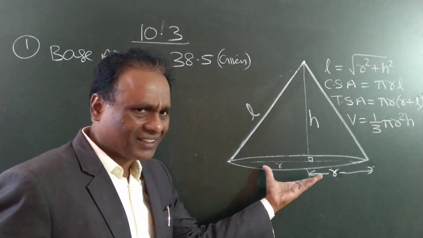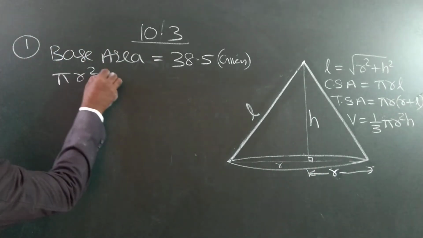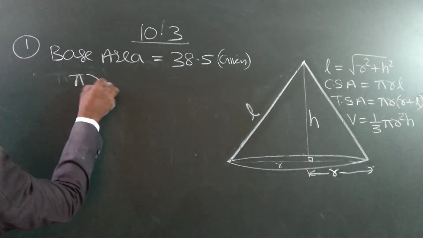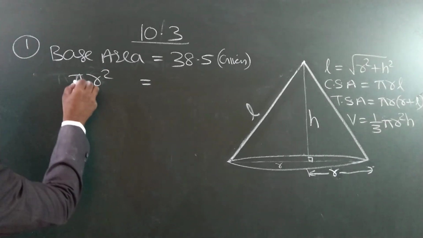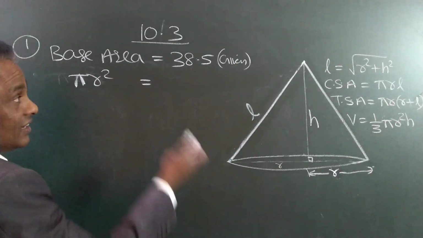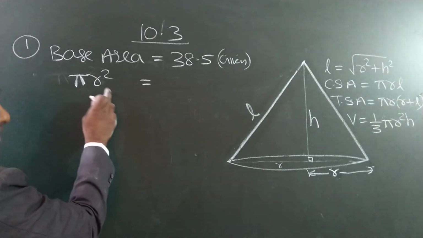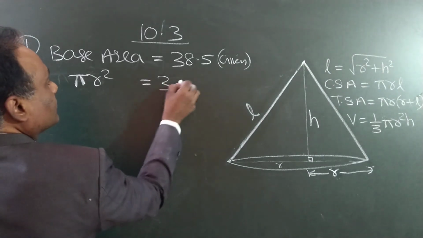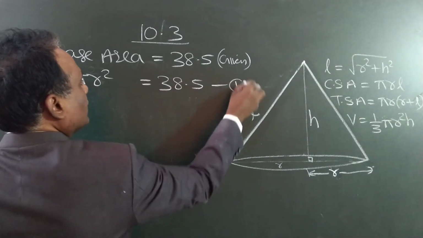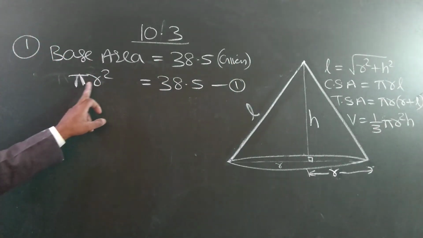What is the base area? Base area is pi r square. This is circle area, not related to cone. Base is a circle. I have given the notes also. What is the area of a circle? Area of circle formula pi r square.